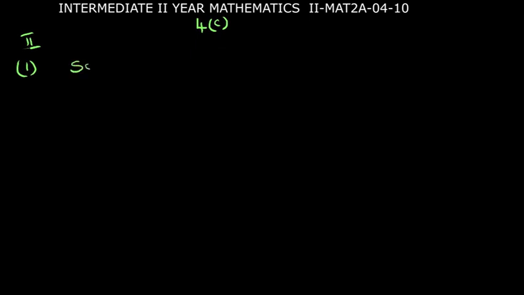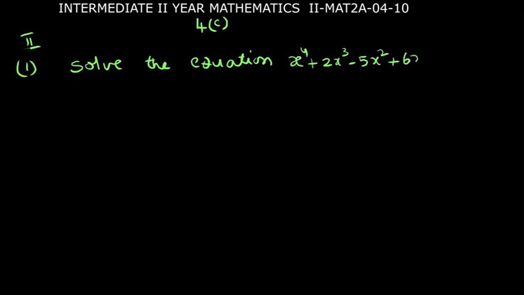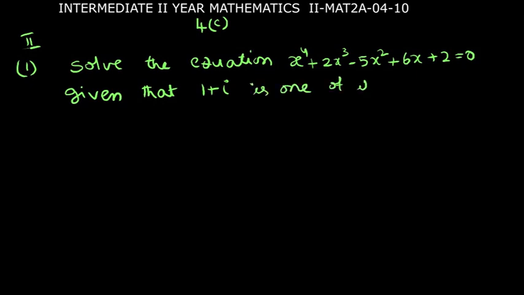Solve the equation x power 4 plus 2x cube minus 5x square plus 6x plus 2 is equal to 0, given that 1 plus i is one of its roots. Means one of its roots.